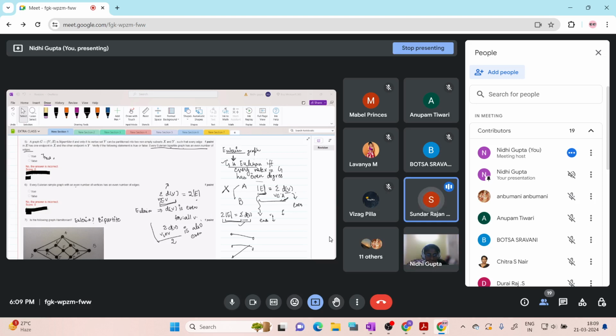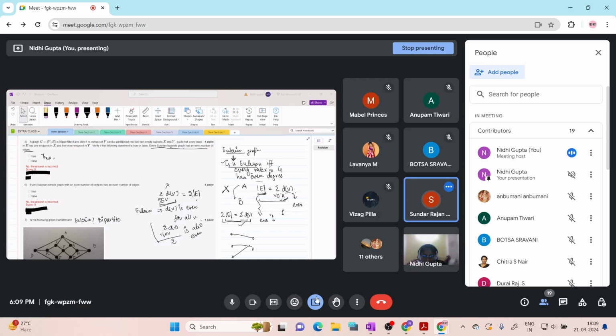Is it true, ma'am? Okay, why do you think it is true? As the degree of v is even, we have an even number of vertices and an even number of edges.